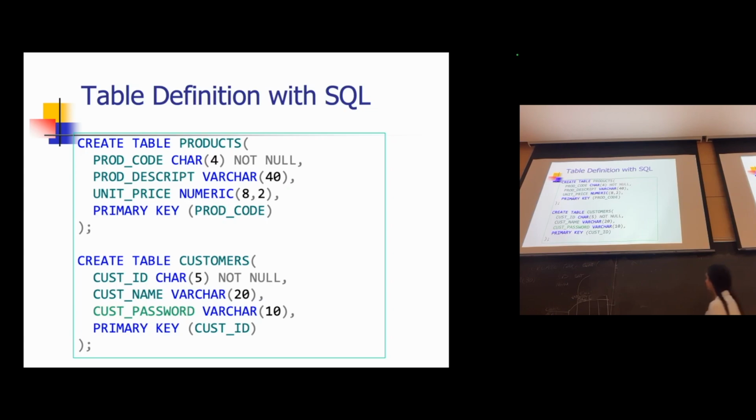So we have product, right? We have customer. We have order. And we have order item or order line.